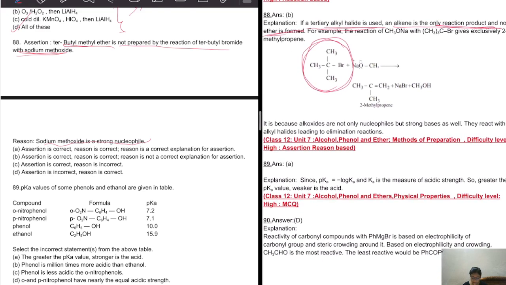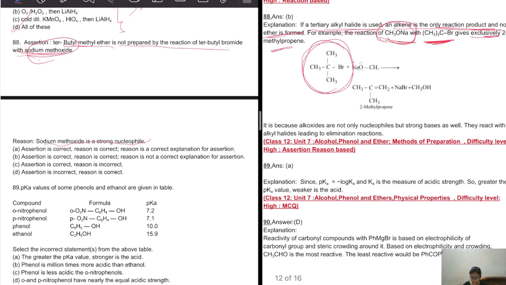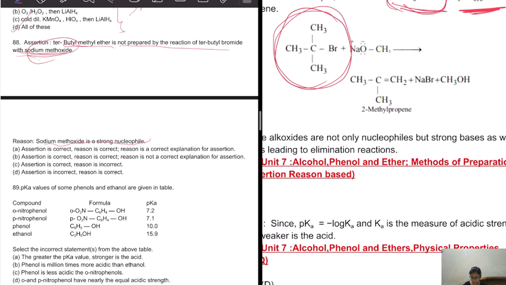For the reaction with CH3ONa, sodium methoxide, with the given tertiary butyl bromide, it will give 2-methylpropene in this reaction. Here this will go, the double bond will be here, in any case it would be the same.